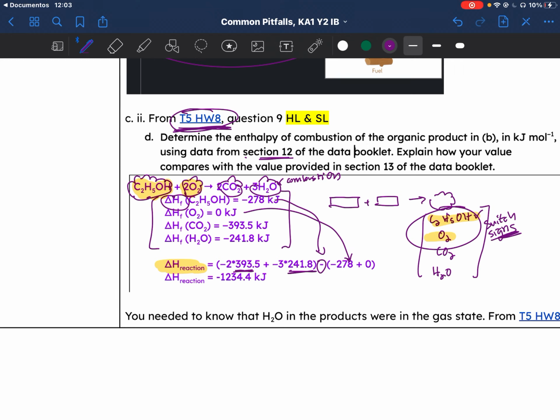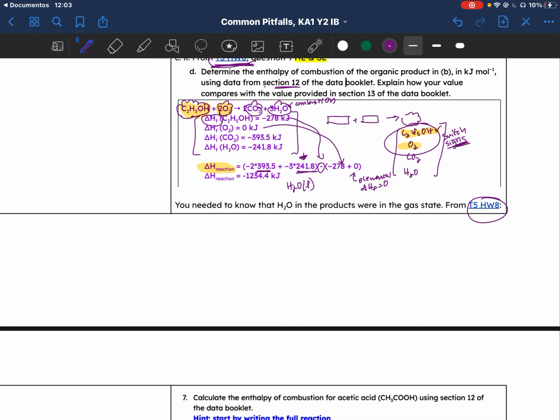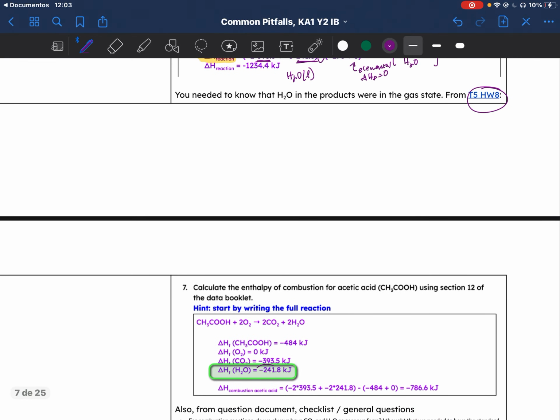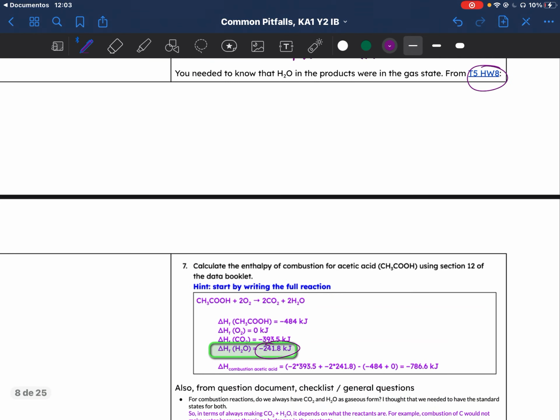The other thing I wanted to mention there, most of us realize this, oxygen, this is elemental, and so delta H of formation equals 0. You also did need to know this 241.8 number. Some of us wanted to use the formation for H2O liquid, but as we talked about in T5 homework 8, you do need to use the H2O gas, and that's what we used in both of these problems.